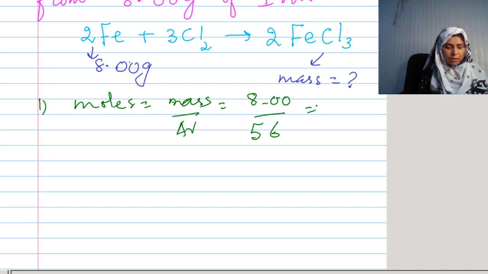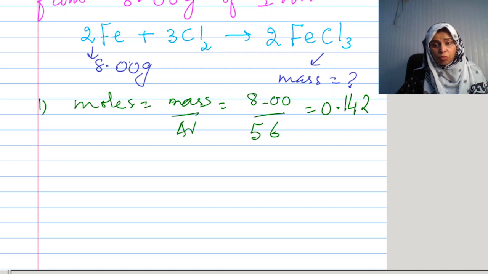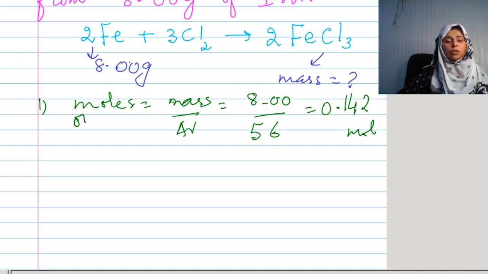Let me calculate. 8.00 divided by 56, and the answer is 0.142 mole. So here are the moles of iron. First of all, we have to calculate the moles of iron.